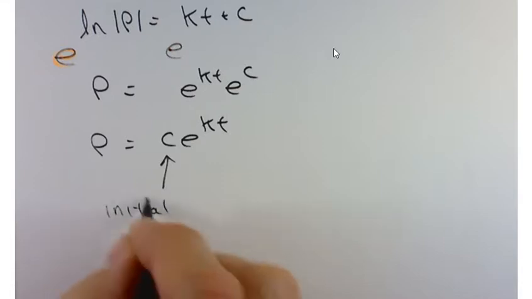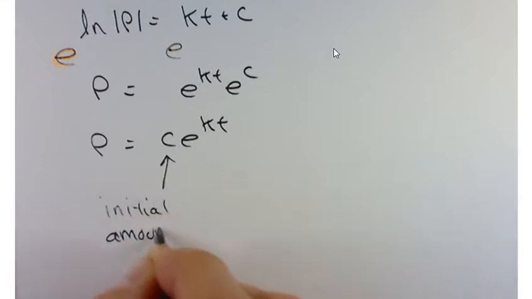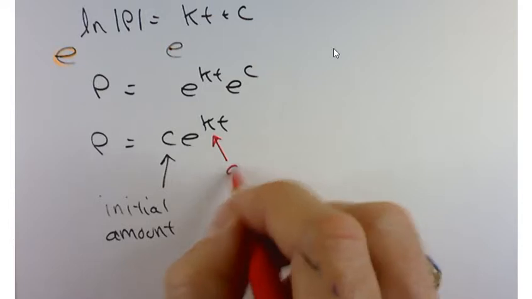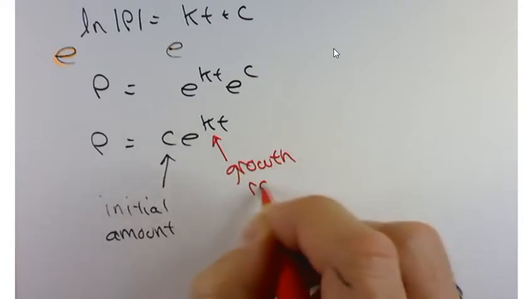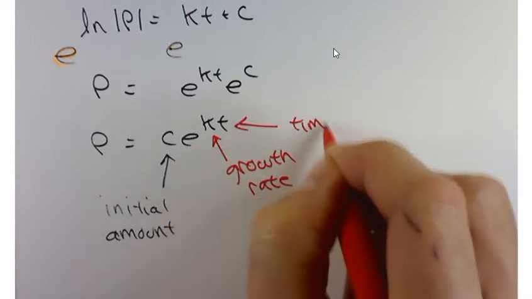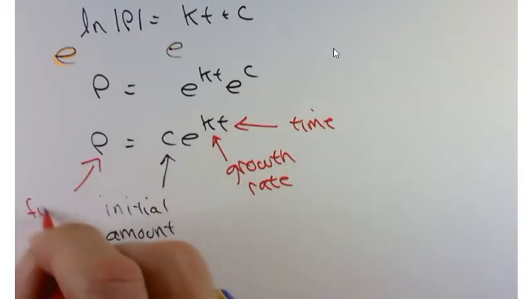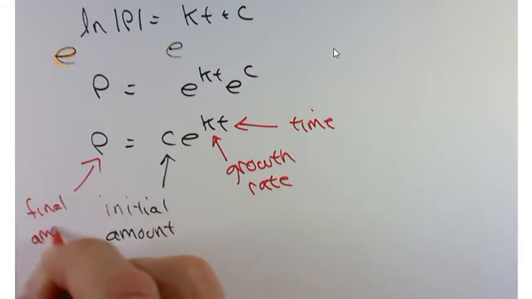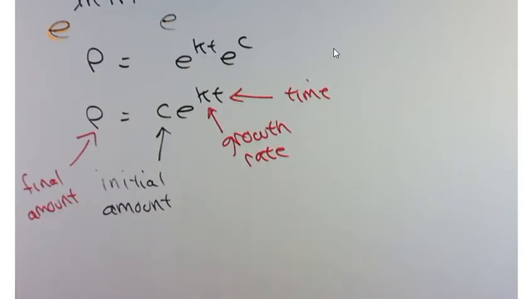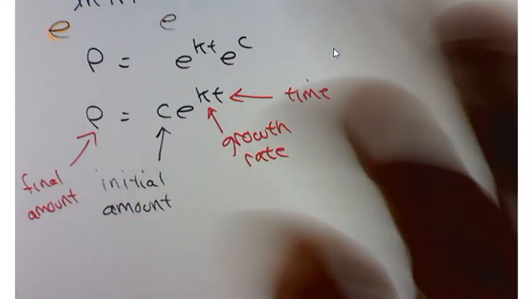Maybe you're talking about investments that get continuously compounded interest. This is the growth rate or interest rate, and t is time. And this is your final amount. So you see this kind of formula in your college algebra and beginning algebra classes, but here's the actual derivation of that formula.